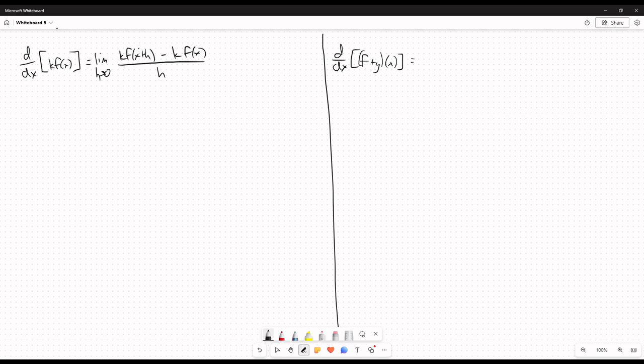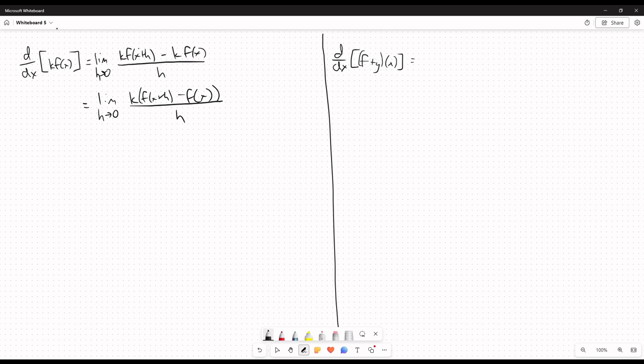Well, look, both of these are being multiplied by k, so I can go ahead and factor out that k. That's the same as the limit as h approaches 0 of k times f of x plus h minus f of x, all of that over h.